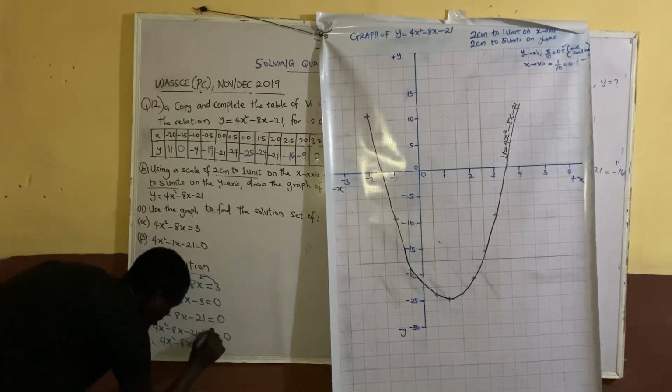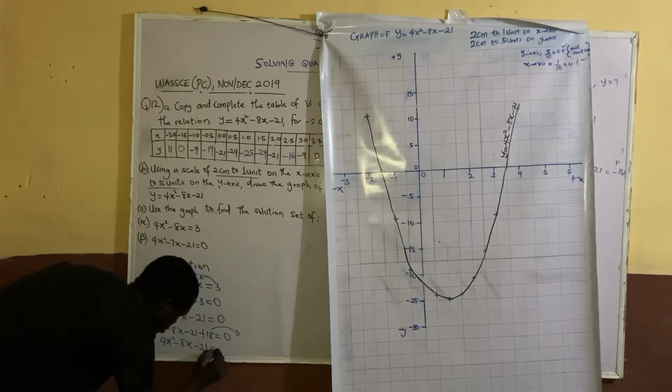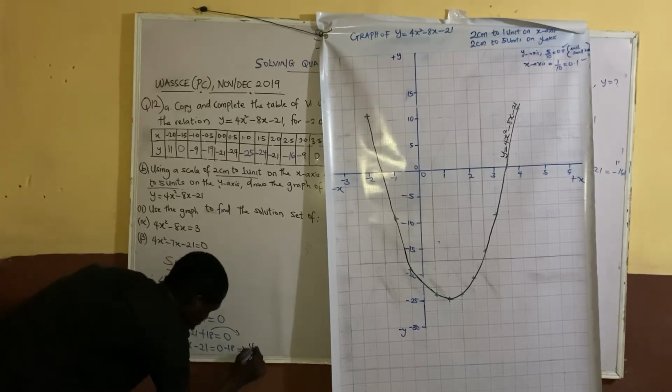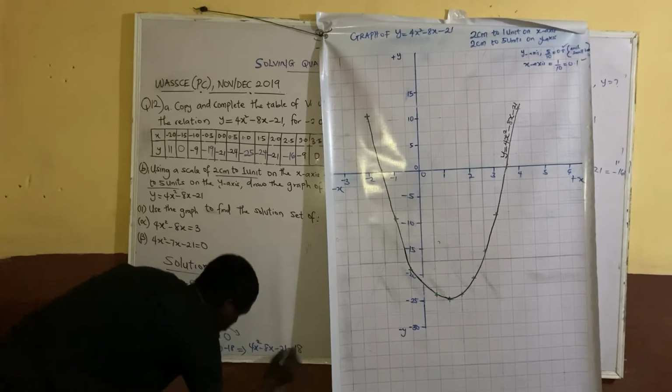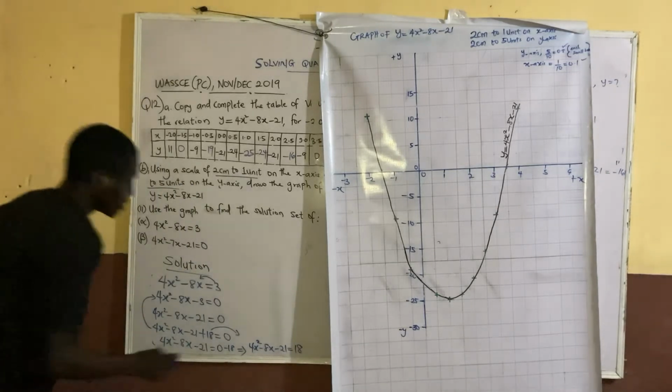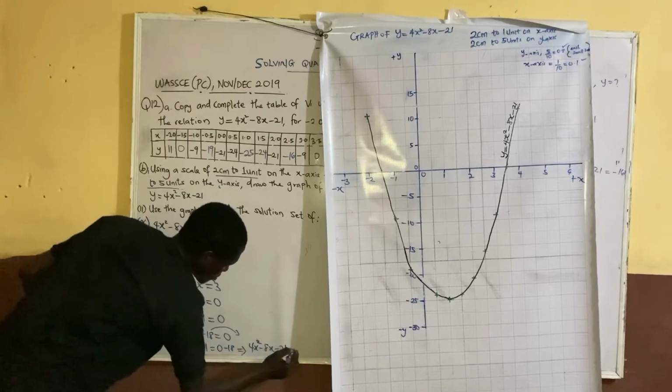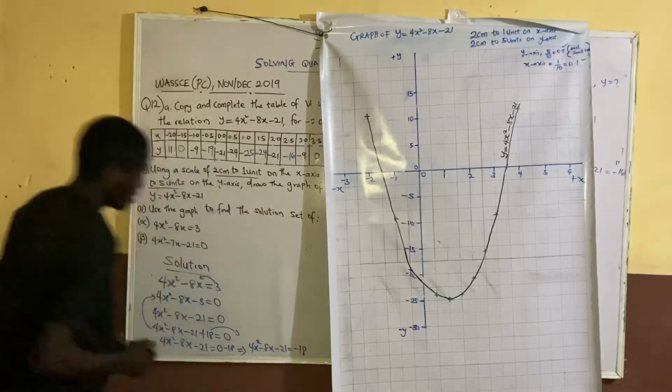Now when I transfer this one to the other side, it gives me 0 minus 18. So my equation now becomes 4x squared minus 8x minus 21 equal to minus 18, because this one is minus 18.